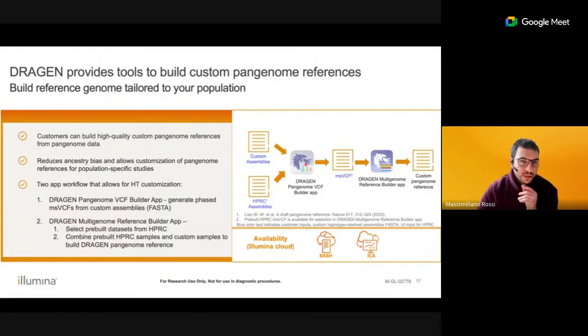The input for this Dragon pangenome VCF builder app is assembled genomes. And as of today, we can handle up to 256 samples in building the multi-genome reference.